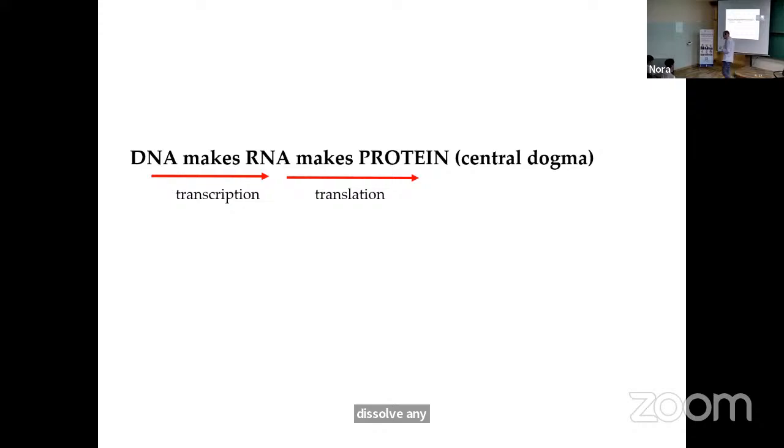There are biologists in this room, so this is a question for you. Can you assemble a protein without RNA, without ribosome, can you make protein?